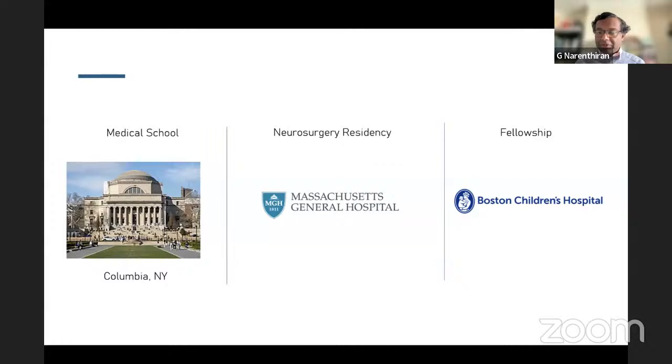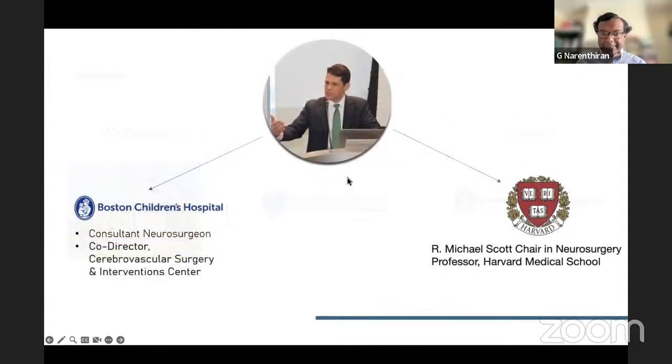Then he did his fellowship at Boston Children's in pediatric neurosurgery with, among others, Dr. Michael Scott. Currently he is a consultant neurosurgeon at Boston Children's Hospital, and he's co-director of the Cerebrovascular Surgery and Intervention Center. With Harvard, he is R. Michael Scott Chair in Neurosurgery and professor at Harvard Medical School.